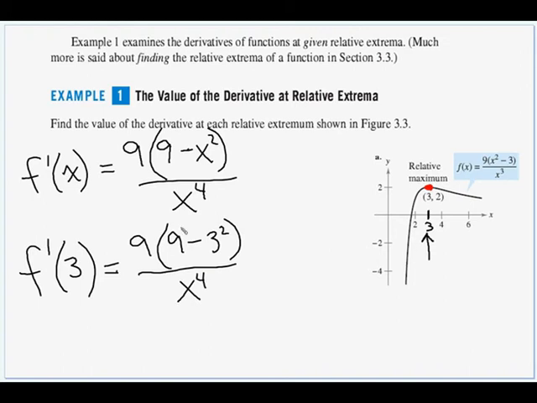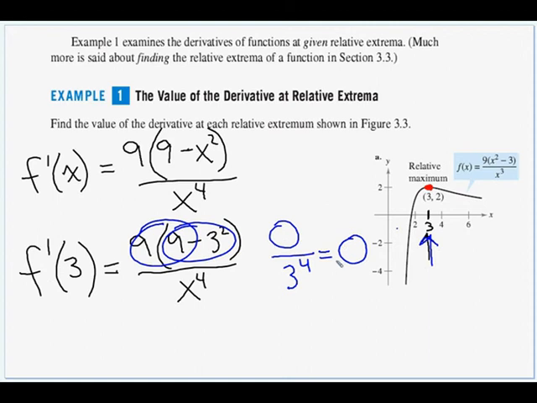And when I look at this here in the parentheses, 3 squared is 9. 9 minus 9 is 0. Times this 9 is still 0. And I'm going to wind up with 0 divided by 3 to the 4th. 0 divided by anything is 0. So the value of the derivative at this x value is in fact 0, just like we were expecting to find.